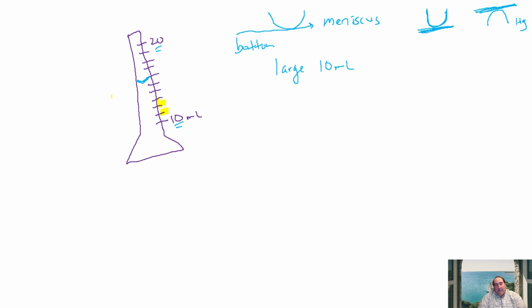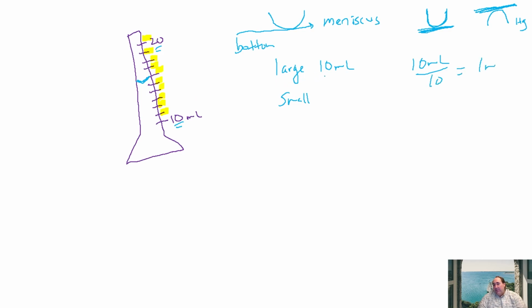So that's 1, 2, 3, 4, 5, 6, 7, 8, 9, and 10 markings. So we have 10 markings, once again, between the large markings. So again, we have 10 milliliters and we have 10 small markings divided by 10.